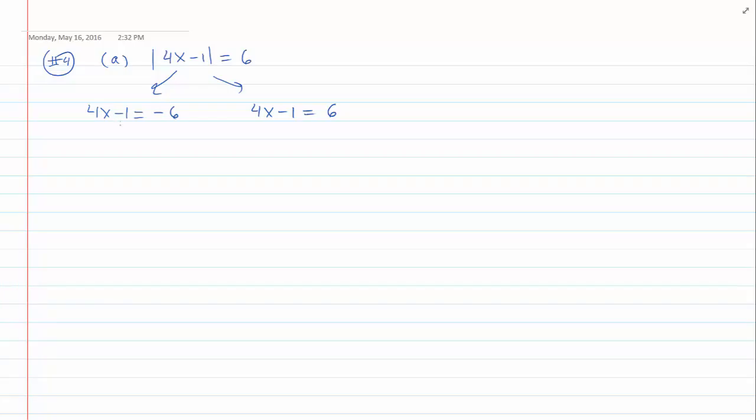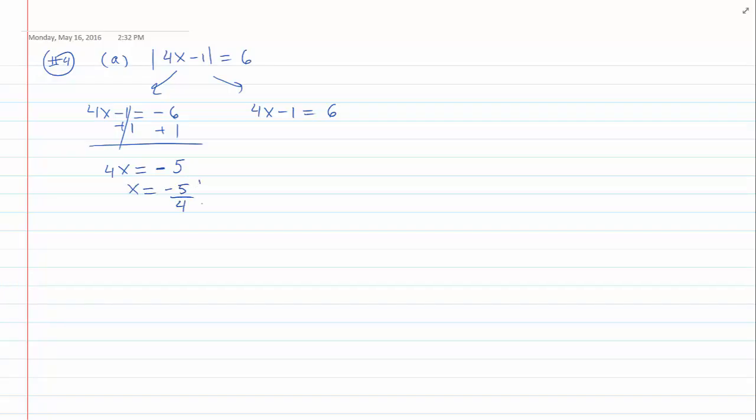So let's move one over. So we got 4x equals to what? Careful. Oh, we're doing the negative first. Okay. Negative 5. Okay, and then what is x? How do we solve for x? Divide by 4.